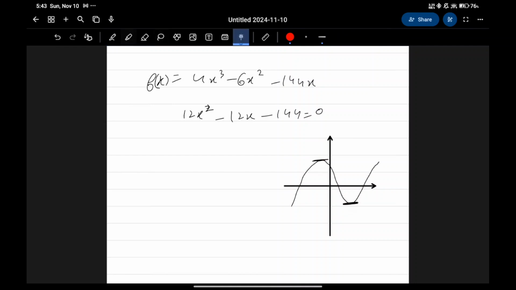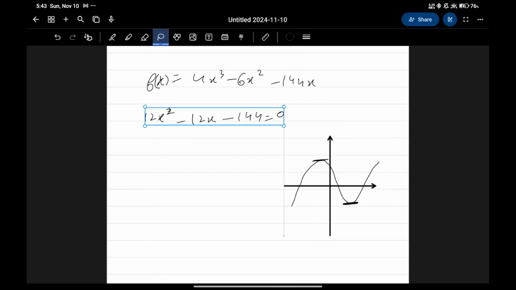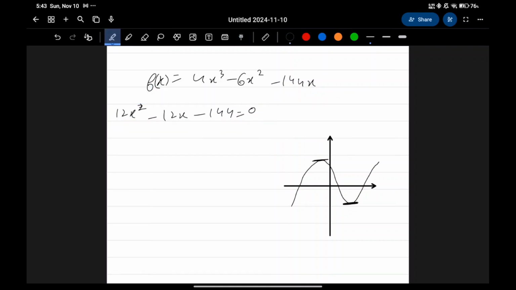So keeping this over here, I will first factor out 12, x squared minus x minus 12 equals 0. Alright, if I divide by 12 on both sides, it becomes this anyways. So now I need to just factor them out.